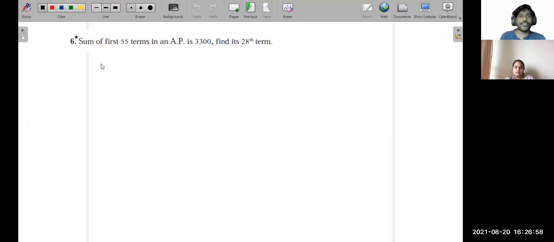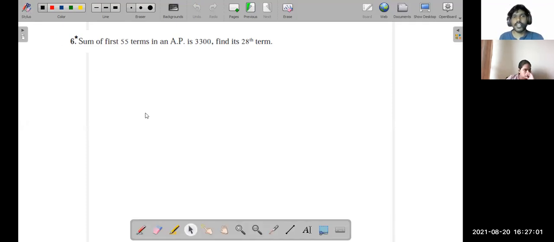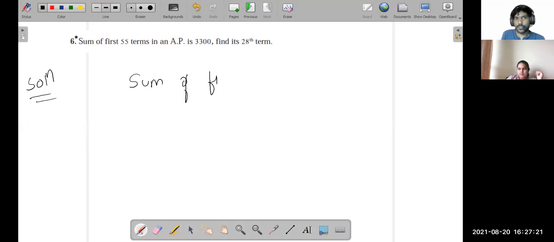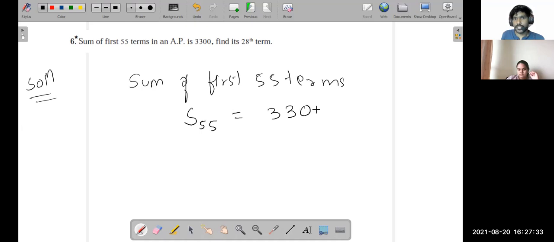Sum of first 55 terms in an AP is 3,300. Find its 28th term. Okay. Now, what is given? Understand that first. Sum of first 55 terms means S55 is given to you, which is 3,300.